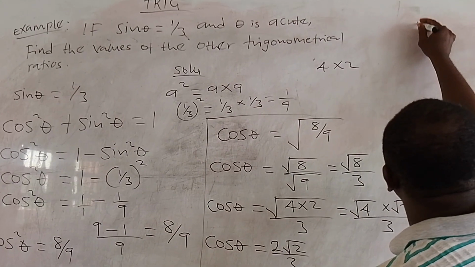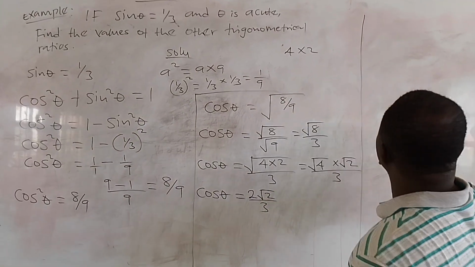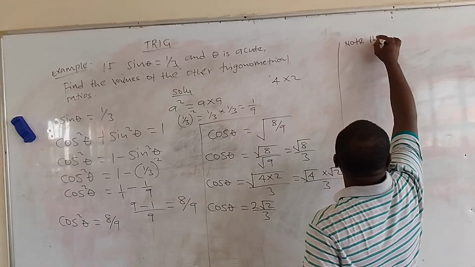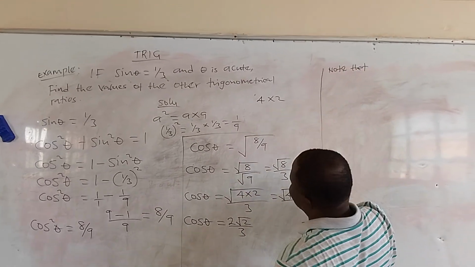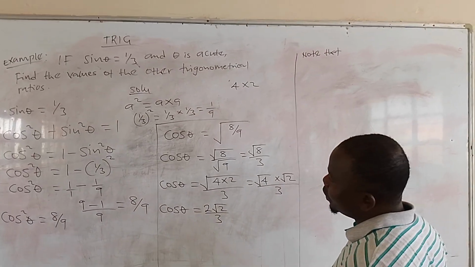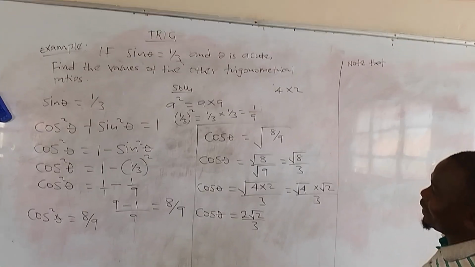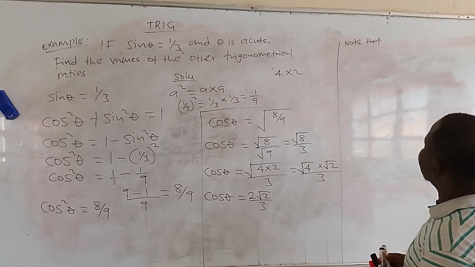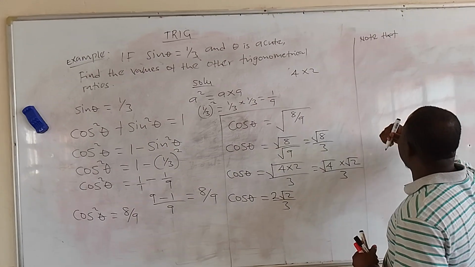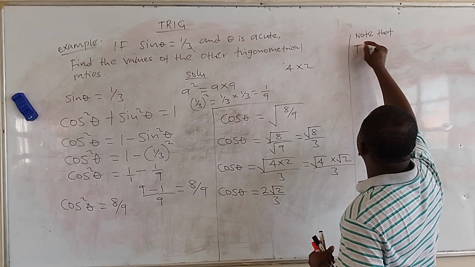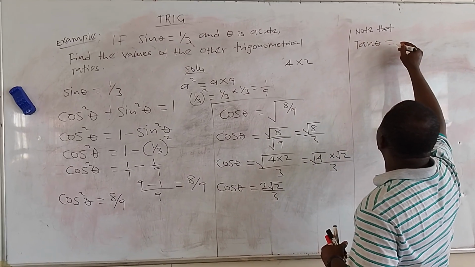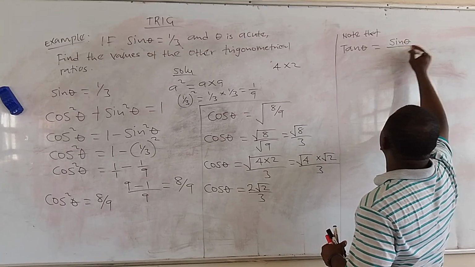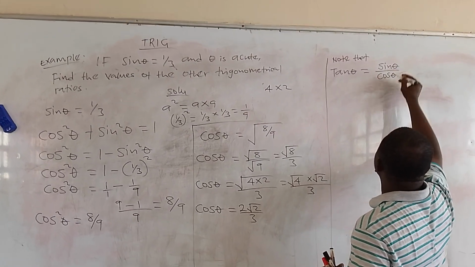Note that if you go back to your SOHCAHTOA and you remember your right angle triangle, you know that our tan theta is the same thing as sin theta all over cos theta, isn't it?